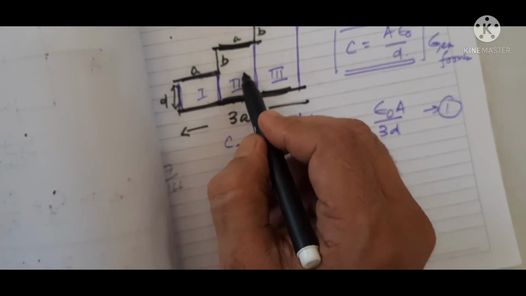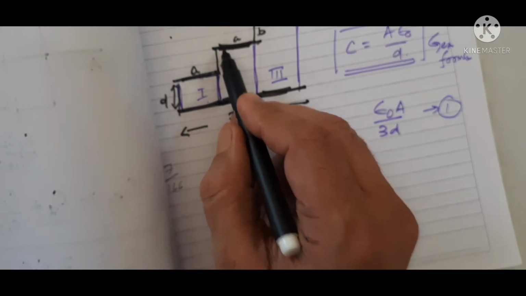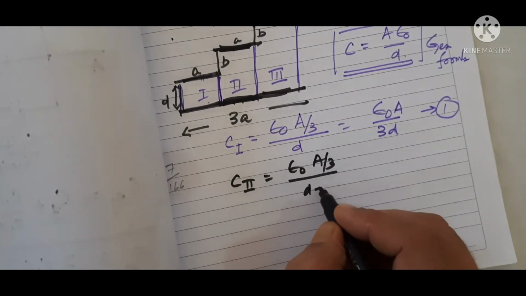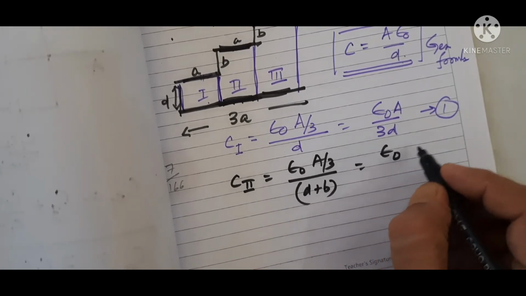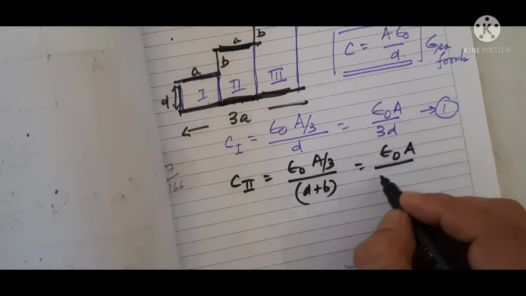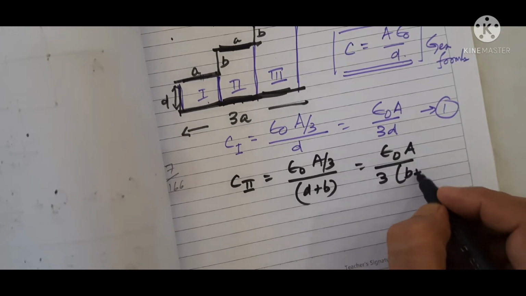From here to here D, plus B, D plus B. That is epsilon naught A by 3 times B plus D, or D plus B.